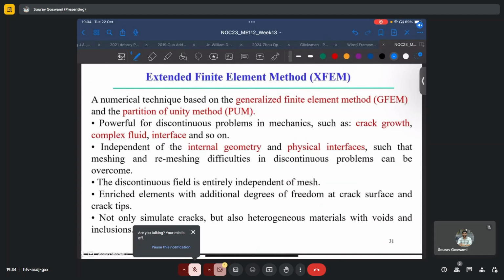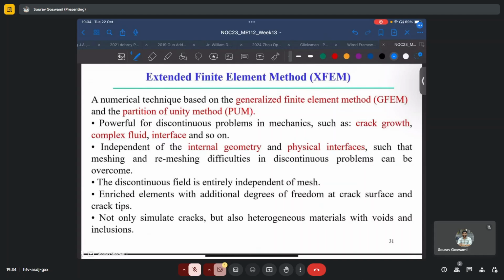It's a very powerful tool for discontinuous problems in mechanics such as crack growth, complex fluids, interface, and so on. It is independent of the internal geometry and physical interfaces, such that meshing and remeshing difficulties in discontinuous problems can be overcome. So the remeshing difficulties that we just discussed for the Lagrangian approach can be overcome.